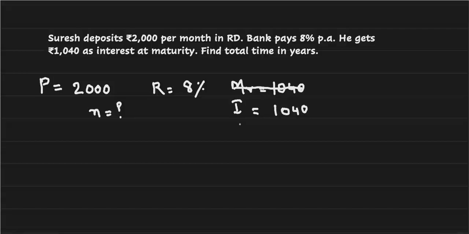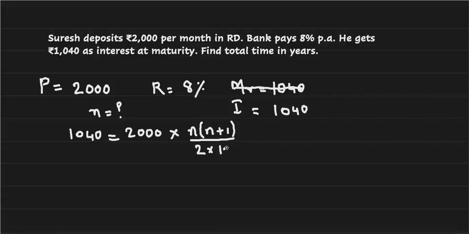So now we'll use the same formula here, which is I equal to P multiplied by n into n plus 1 divided by 2 into 12 multiplied by rate of interest, 8 divided by 100.